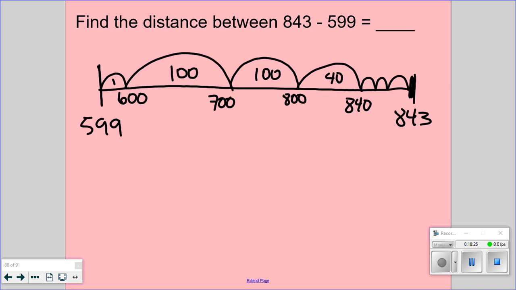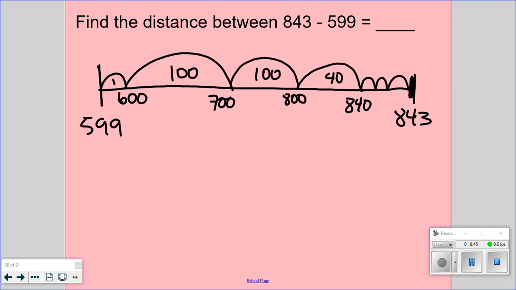What do I do now? Figure out the distance in between because I'm not done. So what do I do now to figure out the distance in between? Count them.